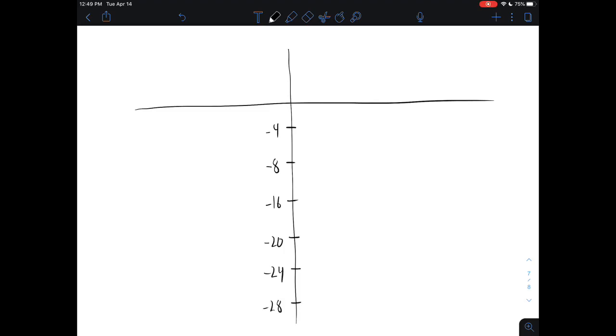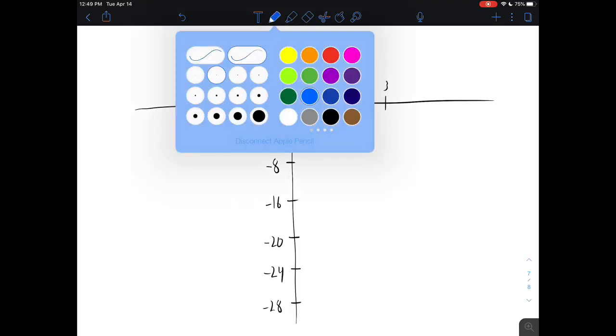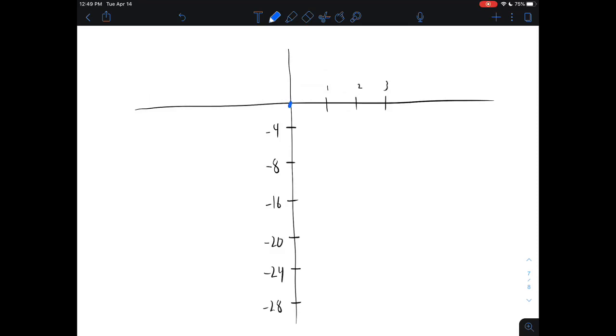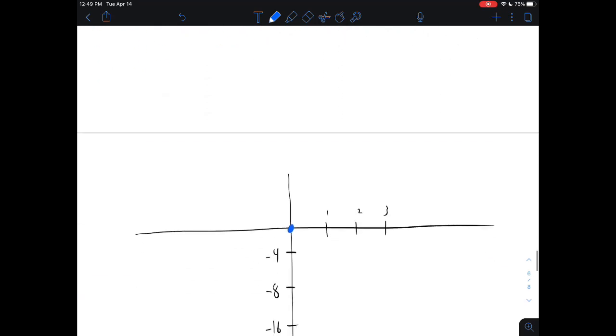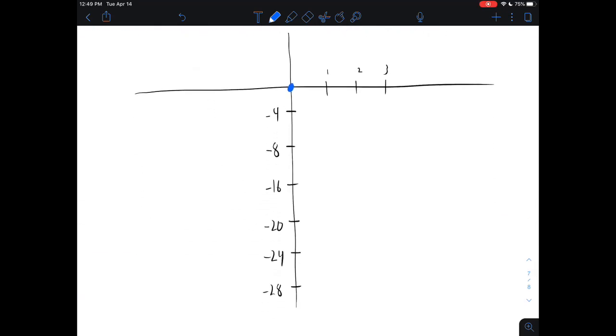And then for my x values, I just need not too many numbers, so 1, 2, 3. So I'm going to plot some of those points that we had. We had 0, 0 as one of the inflection points. We also had 2, negative 16 as another inflection point.